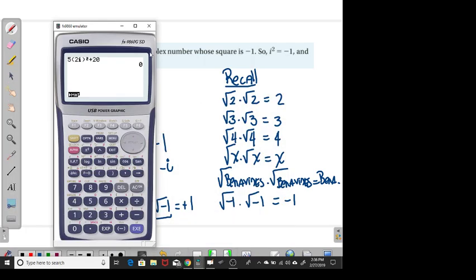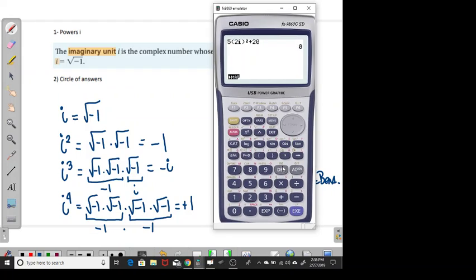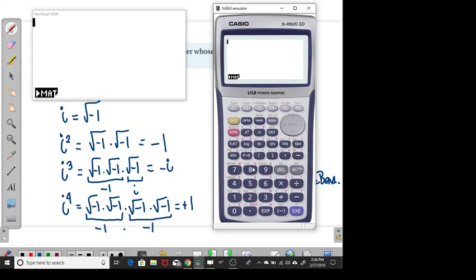Let's erase everything here and do i squared. Shift, i, squared. Look what I get: -1. What happens if I put i to the power of 3? -i. Isn't that what we were expecting?